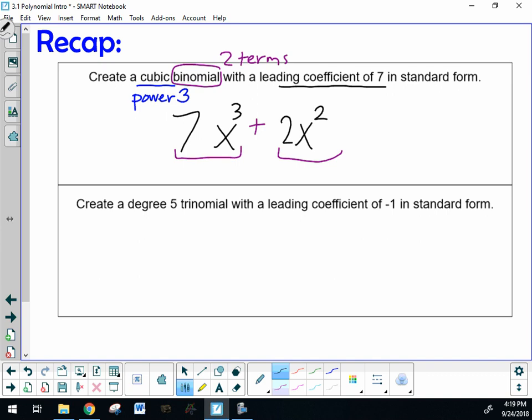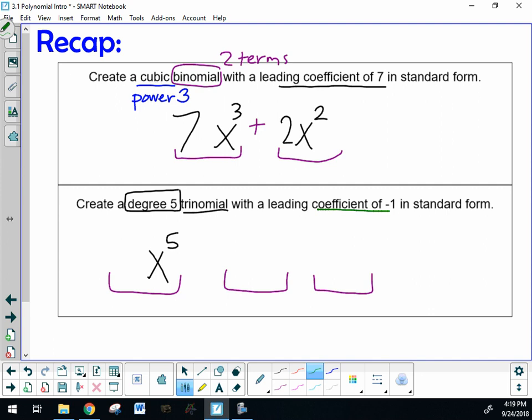Create a degree 5. That's telling you that the power of the leading term is 5. Trinomial means we're going to have 1, 2, 3 terms. Leading coefficient of -1 means that's a negative x to the 5th, and in standard form. So maybe we finish it off with 2x to the 3rd minus 4.